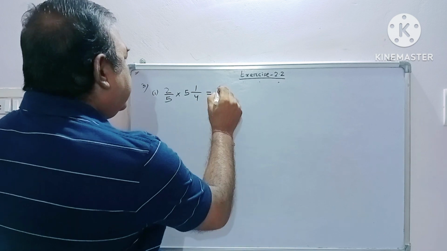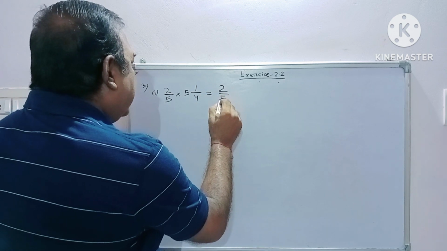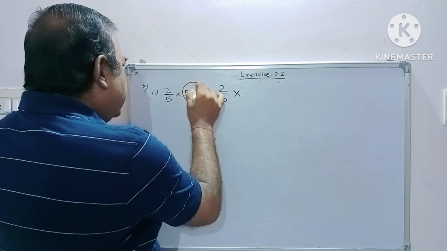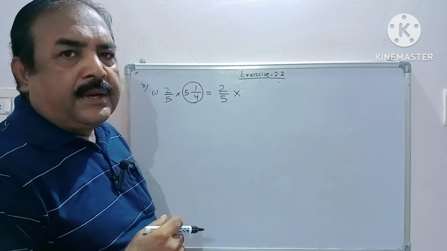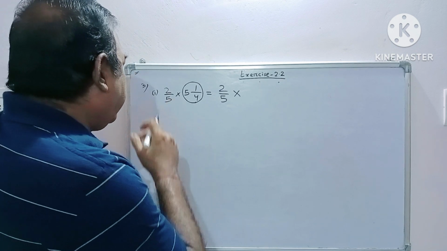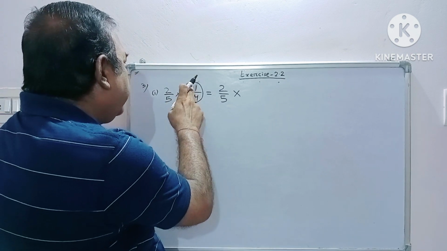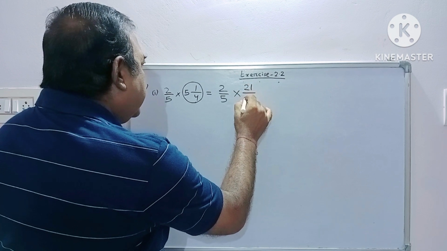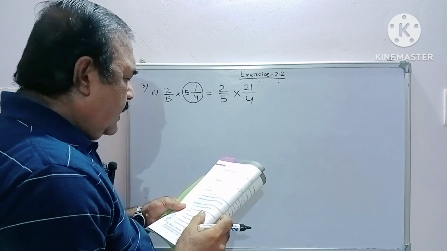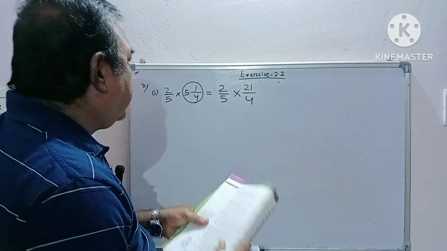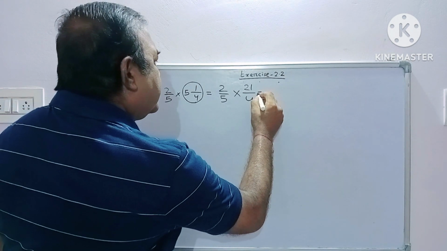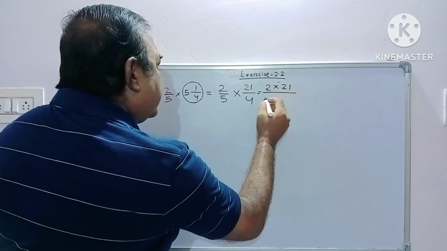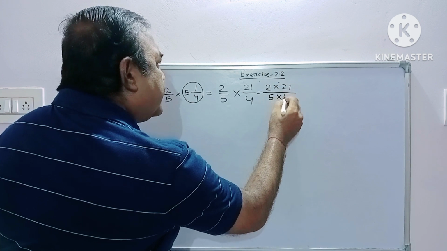So you write 2 upon 5 into, this is the mixed fraction, we will have to convert it into an improper fraction. 5 fours are 20, 20 plus 1 is 21 divided by 4. And we have to only multiply the following fractions. So this is the bar. 2 into 21 whole divided by 5 into 4.